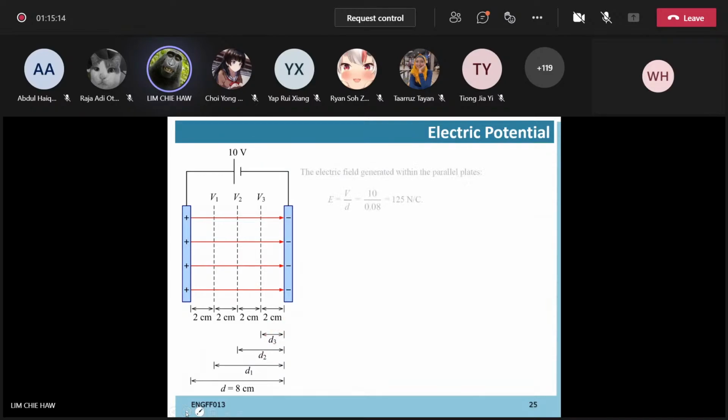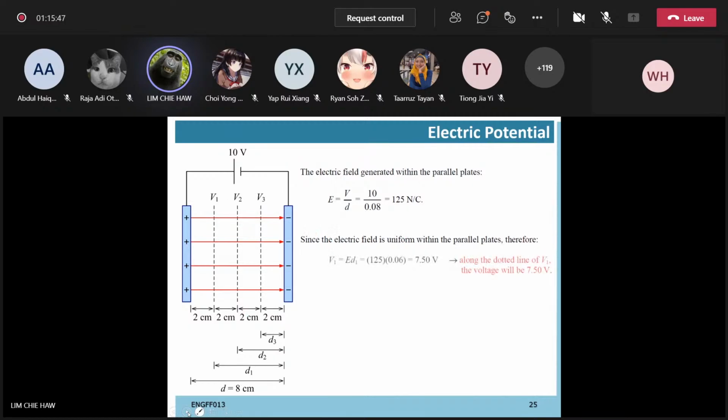I just try to show you the simple math, to show how to get the equipotential line. First of all, you need to determine the field generated by this 10 volts and this gap of 8 centimeters. We can substitute all these values into the electric field equation, and we get 125 newtons per coulomb. Since the electric field is uniform within the parallel plates, we already know that.